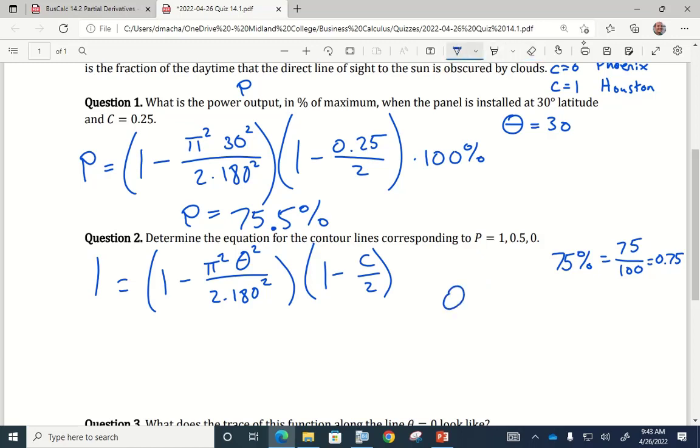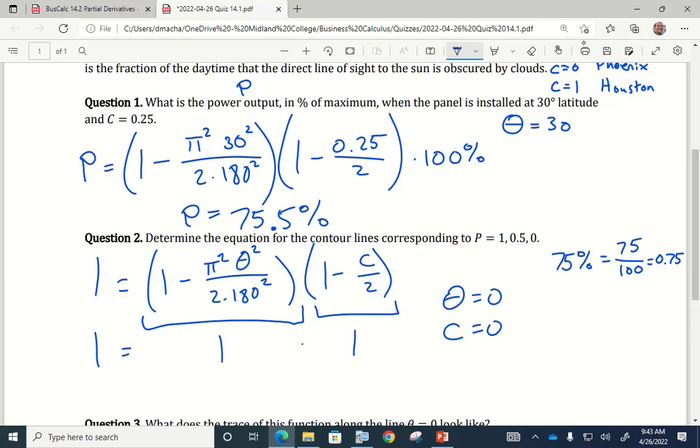Whenever I have theta equals 0 and C equals 0, then this first factor becomes 1 minus 0, because theta is 0, or 1. And then this would become 1 minus 0, because C would be 0. And so 1 times 1 is 1. But if theta is greater than 0, or if C is greater than 0, then whatever I get is less than 1.